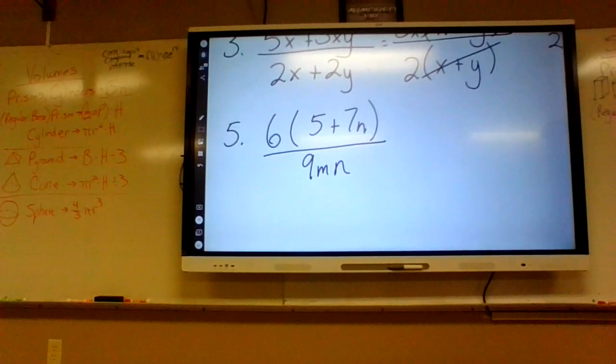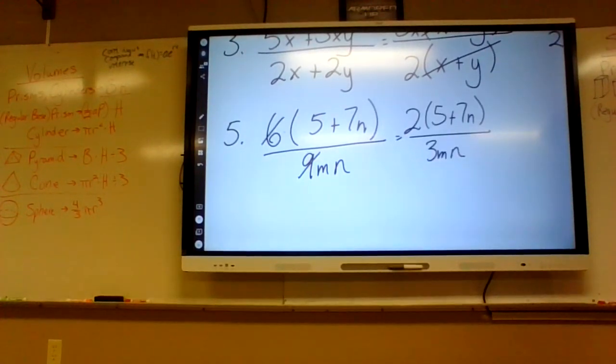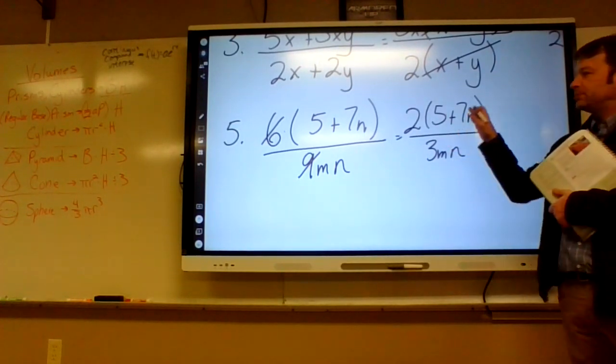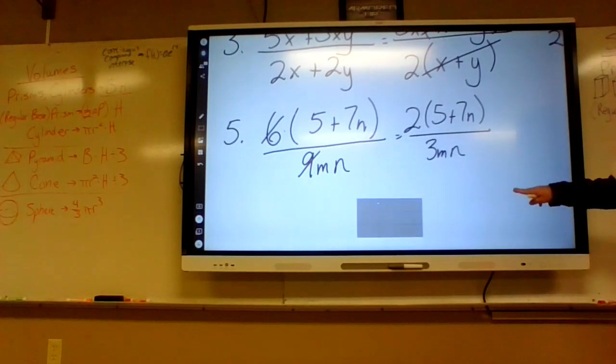So we are not going to multiply that 2 out. We're going to leave it in factored form. In other words, we're just going to leave it alone. We're not going to put the 2 and the 5 plus 7 in together. That's what the directions tell us to do anyway. Leave it factored.